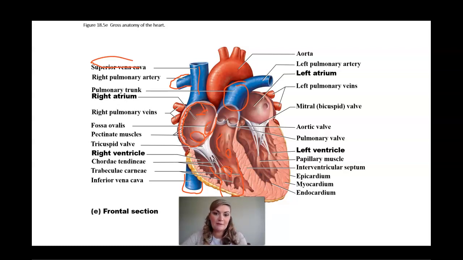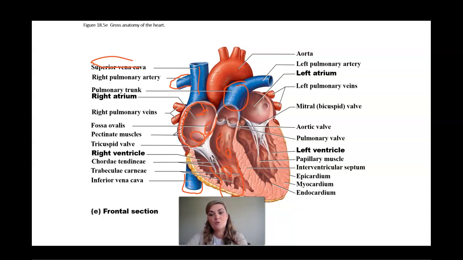So here's what happens. Blood's going to enter from the superior and inferior vena cava and come into the right atrium. The right atrium is going to contract, push the blood through the tricuspid valve, and then into the right ventricle.